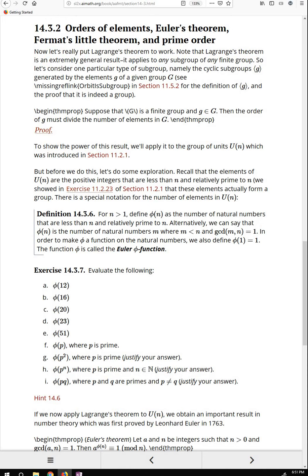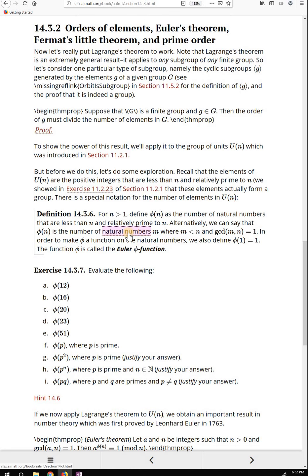So what we just found tells me something about the order of elements in a group. I can't have a group of order 20 and have an element that has order 8. I can't. Because if the element had order 8, that would be a subgroup of order 8. I can't have a subgroup of order 8 because 8 doesn't divide 20.